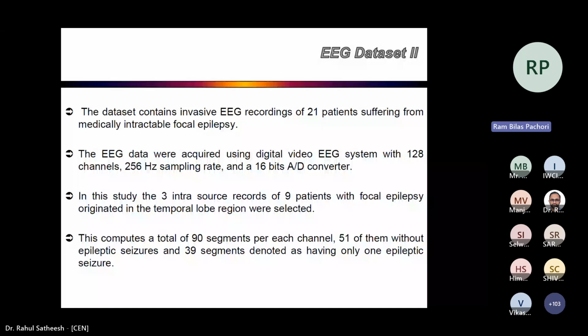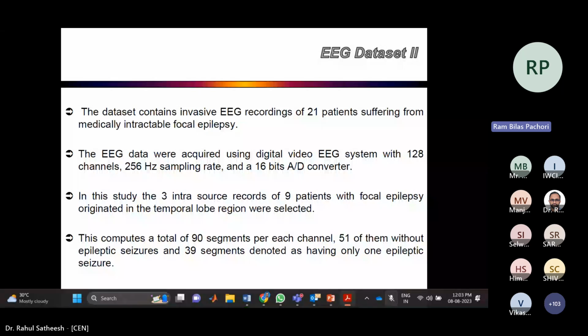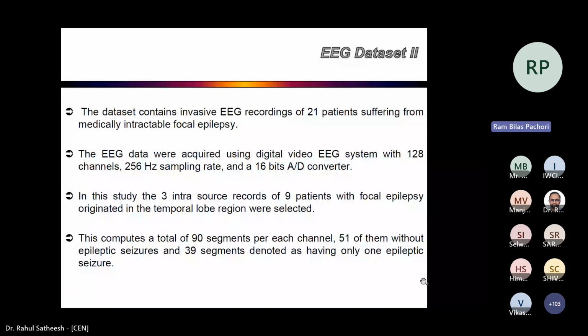Now, in the case of focal epilepsy, around 80% of cases are drug-resistant epilepsy. If the medicines don't show any effect, the only option left is surgery.